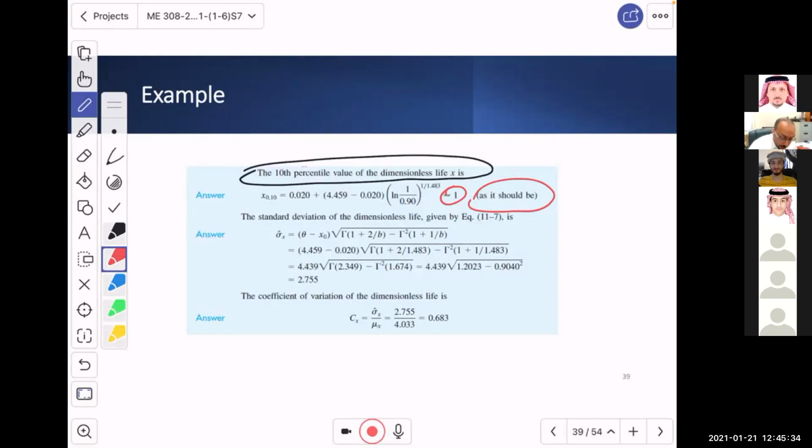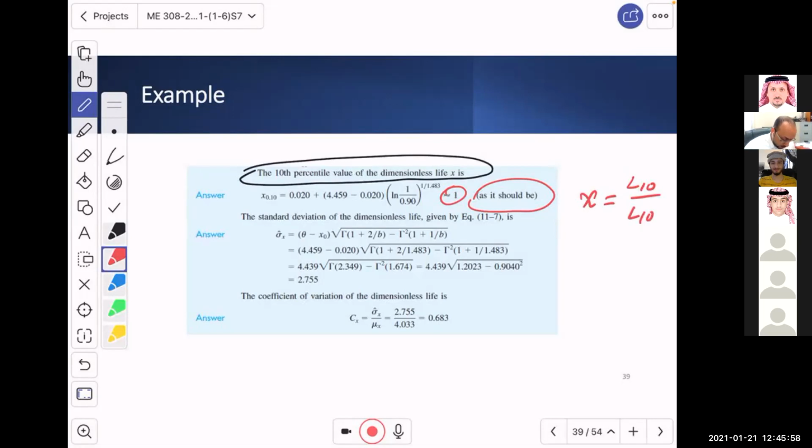The idea is that when you found X, by putting the reliability as 90%, you are actually calculating L10. So when you divide L10 by L10, you should get 1. You got that? Yes. Okay, good.